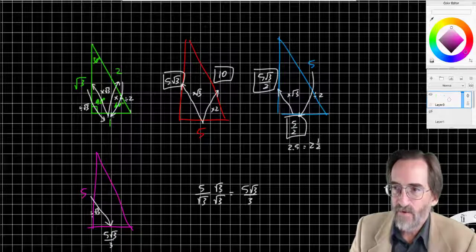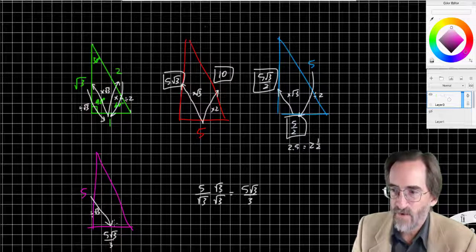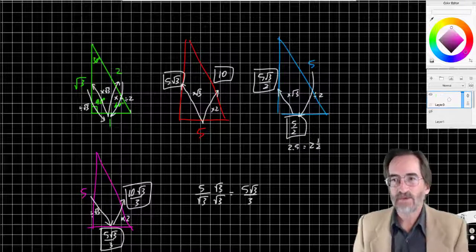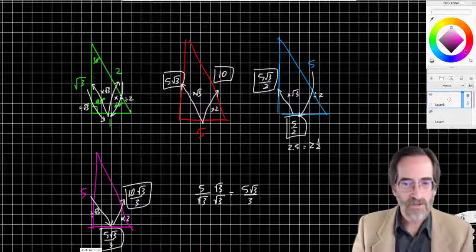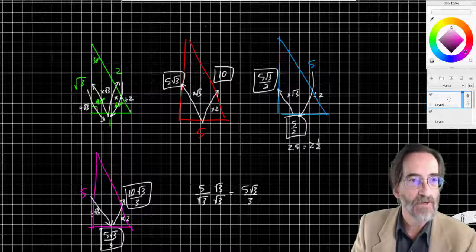And then, to get from the short leg to the hypotenuse, multiply by 2. 5 root 3 over 3 times 2 is 10 root 3 over 3. Okay? And so that's how to use the 30-60-90 reference triangle to solve for another 30-60-90.